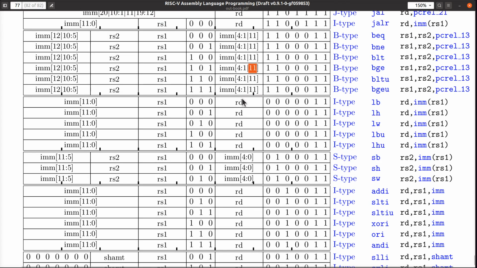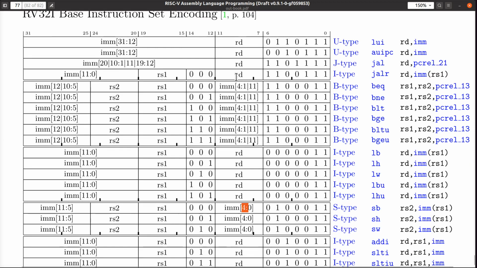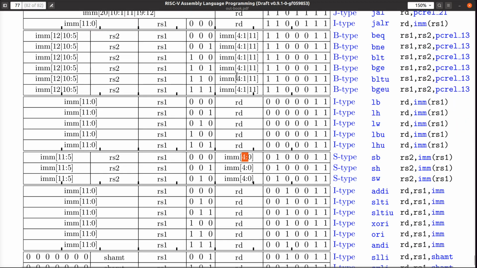Again, how much circuitry do you think it's going to take if you just move all these over and say, oh, I want to make this organized? You're going to have to pay to have all these bits rearranged in multiple ways. If 4 through 1 can be stored here, and it's the same place that 4 through 1 are stored in this instruction down here, well, then we'll do that. Okay? Why not? Okay, that leaves 11 as a special case.